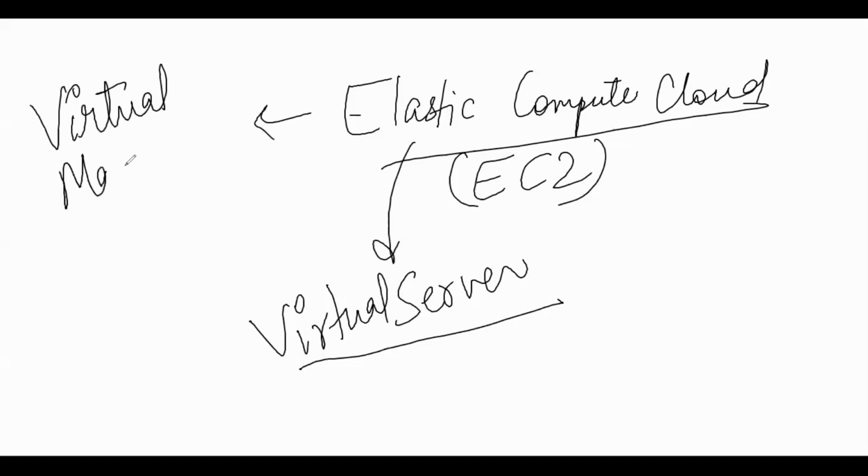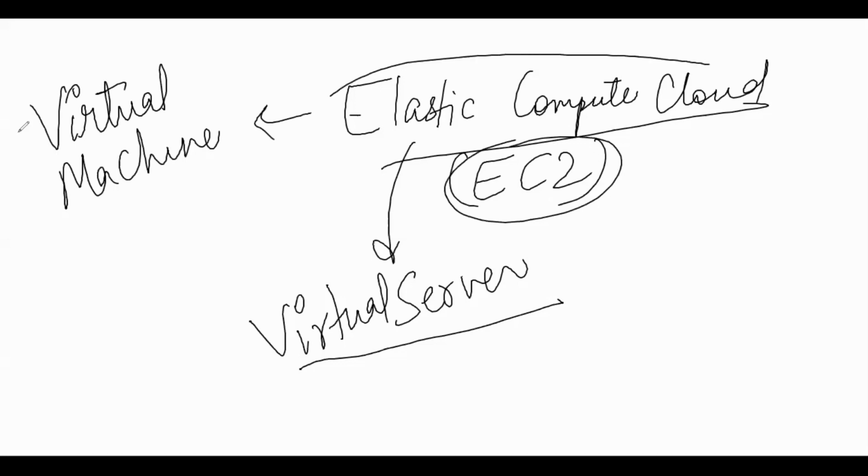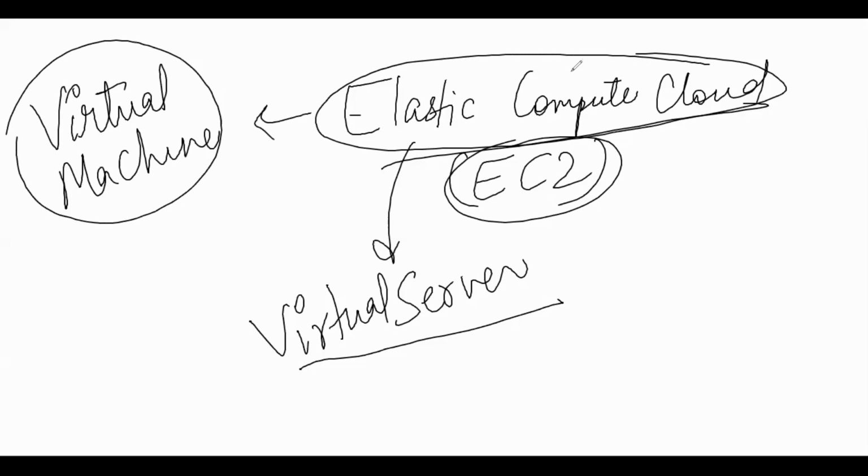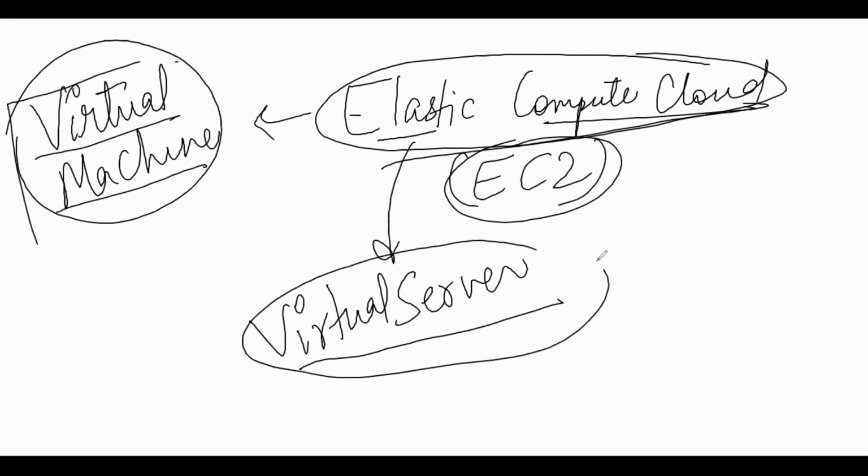Whether you say virtual machine or Elastic Compute Cloud, both are the same thing. There is no difference. This is the terminology used by AWS. They termed it as Elastic Compute Cloud, and in Azure, we named it as virtual machine. So this is nothing but your virtual servers.